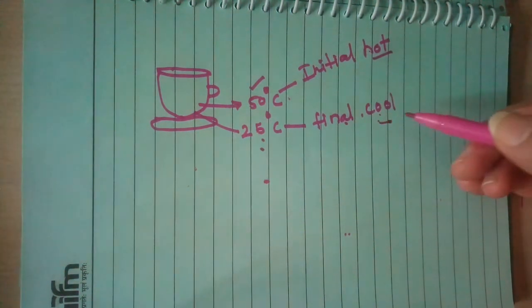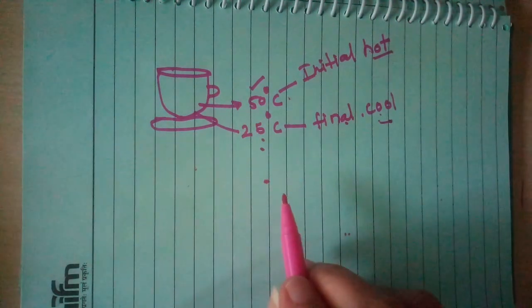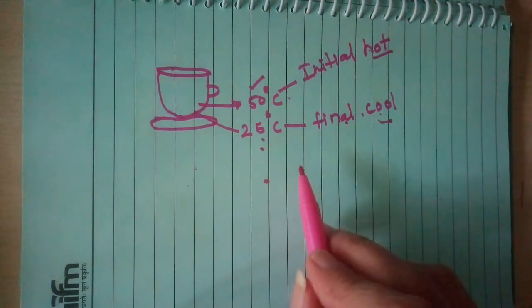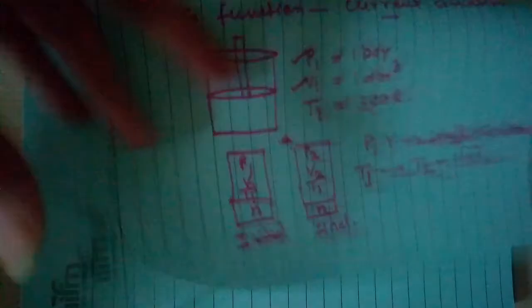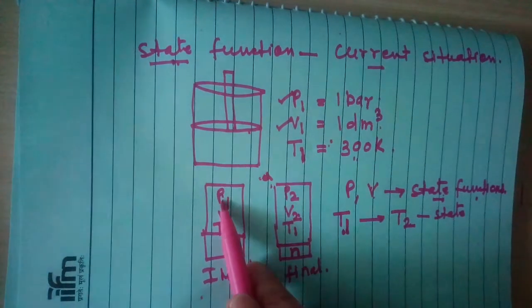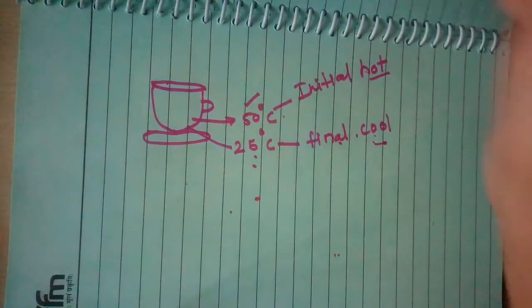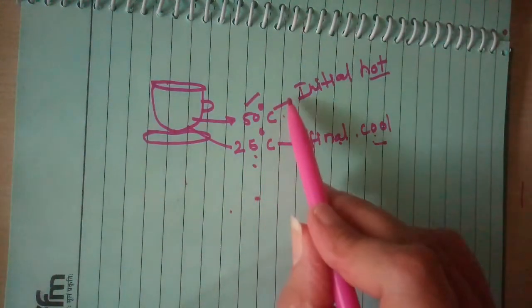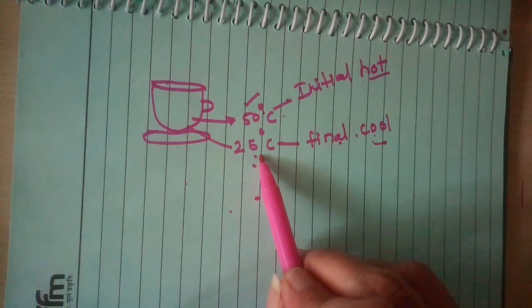Now here it means that there is a change in temperature. If you want to change the state of the system, you need to change some properties of the system. In the earlier example, we just changed the pressure from P1 to P2 and volume from V1 to V2. In this very simple example, there is a change in temperature from 50 degrees Celsius to 25 degrees Celsius.